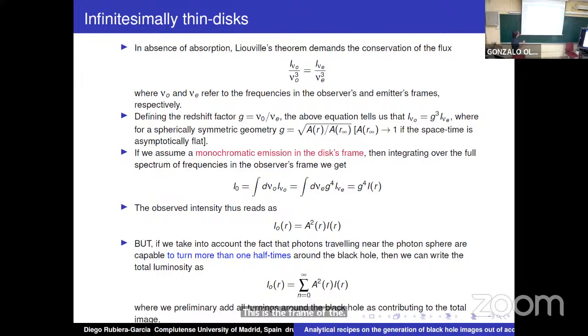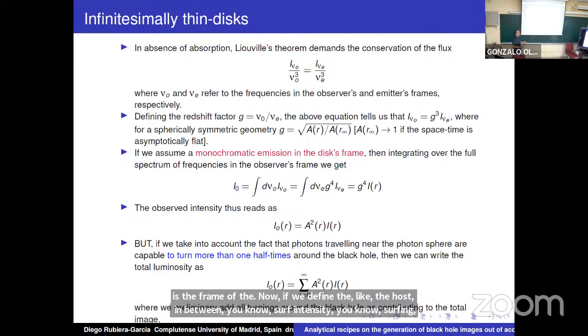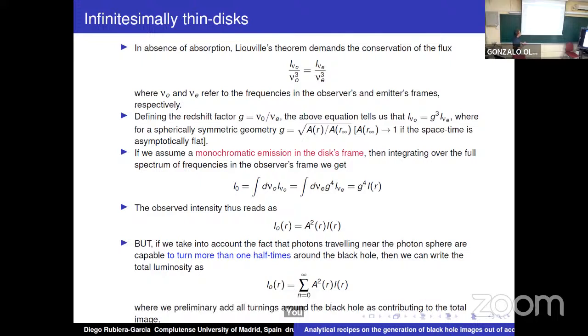Now, if we define the redshift factor as the quotient between the observed frequency and the emitted frequency, in a spherically symmetric geometry these two frequencies are very easily related via the g_tt component, like this formula. So the total observed intensity is just an integration over the full spectrum of observed frequencies times the intensity at a given frequency. And because of this equation, that can be related to the emitted frequency via this factor, which is only a metric quantity.